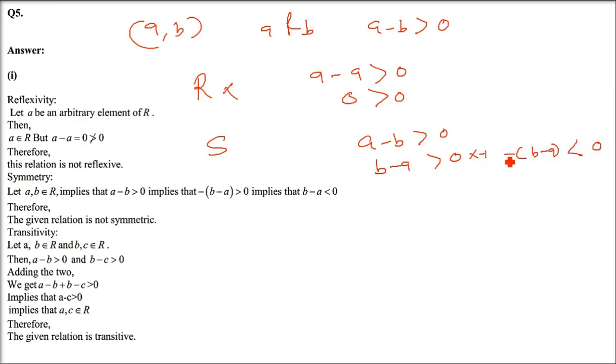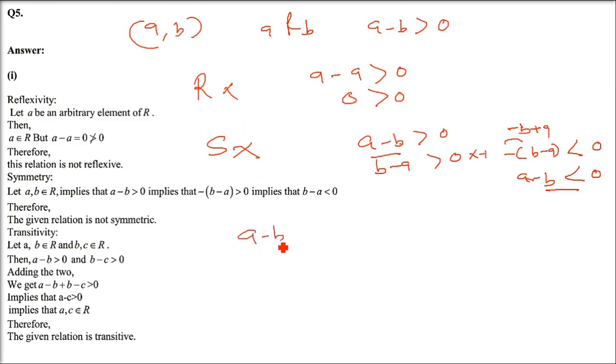So it will be minus B plus A less than 0, and minus B plus A is A minus B only. So A minus B is less than 0. One time you are getting A minus B greater than 0, other time you are getting A minus B less than 0, which is contradictory. Okay, this is a contradiction. So it is not symmetric as well. It is not reflexive, neither symmetric.